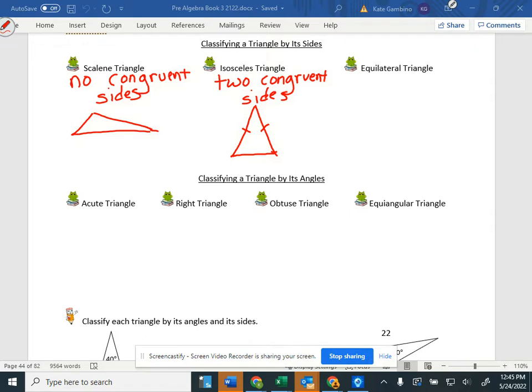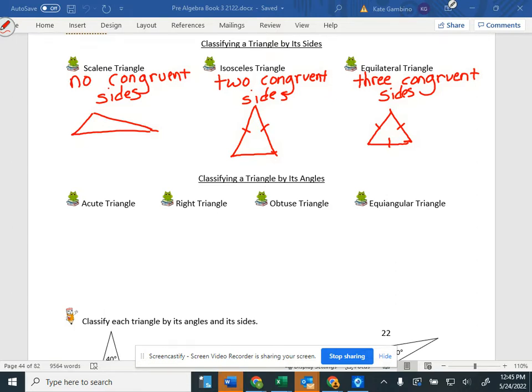So the equilateral triangle has 3 congruent sides. Again, it's important that you put those hash marks on it to show that they are all the same.